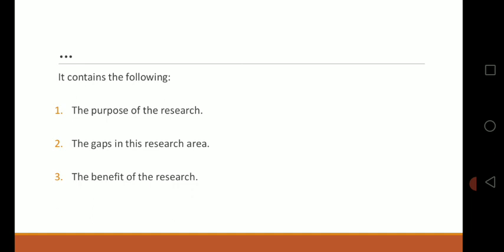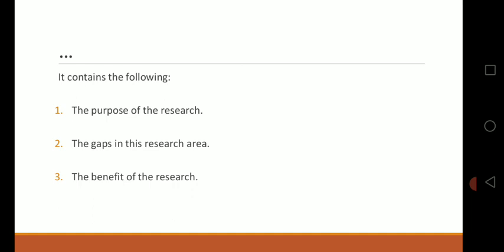The second part is the gaps in the research area. And the third part is the benefit of the research. All of them together answer why you are doing this research; you will justify why you are doing it. That's why it's called justification of the research.